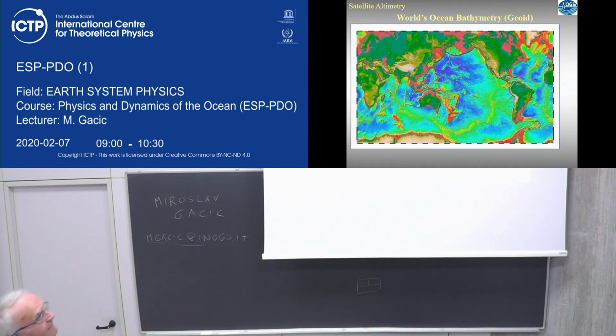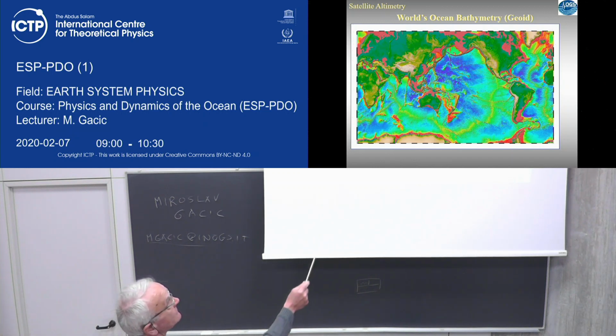This is the word bathymetry. I'll be telling you how it has been obtained. But what it tells you is that this reddish color means the shallower part of the world ocean, and the bluish is the deeper part.